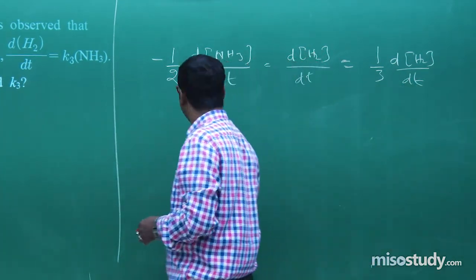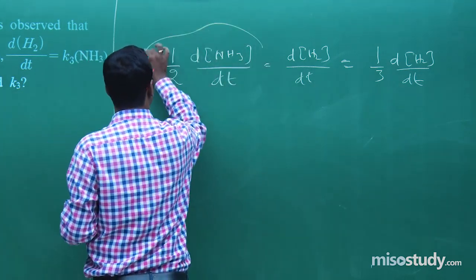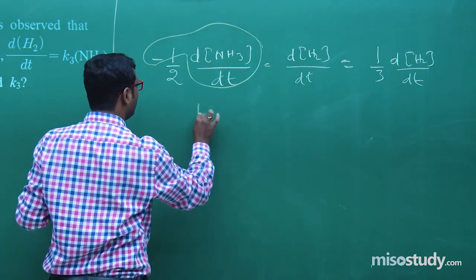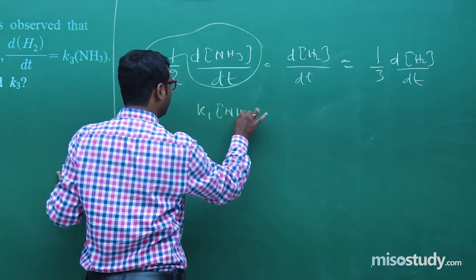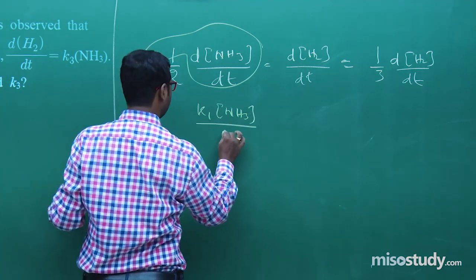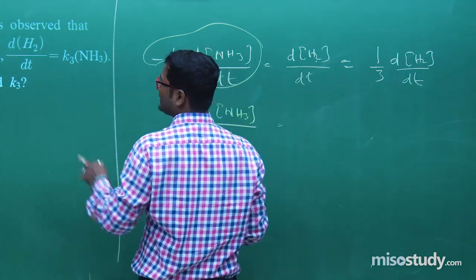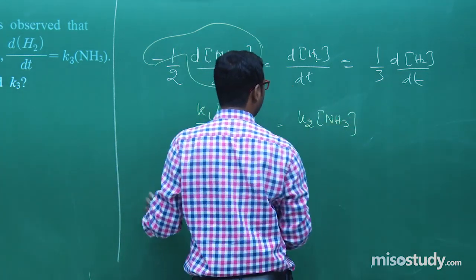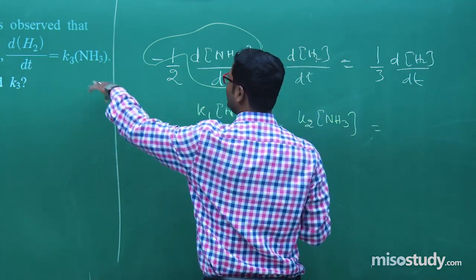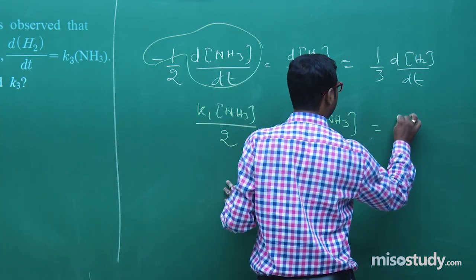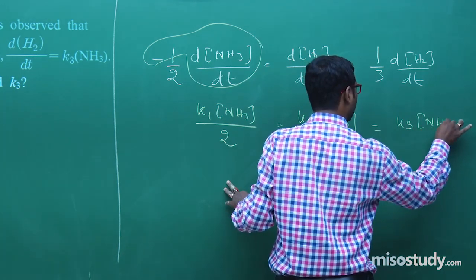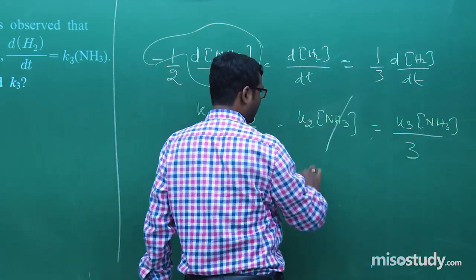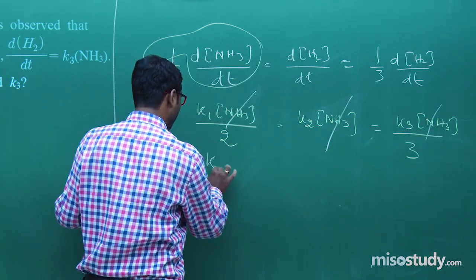Now, for minus dNH3 upon dt, K1 is given here. Put the value K1 NH3 upon 2. For this one, put K2 NH3. Now for dH2, it is K3 NH3 upon 3. Now this one and this one will cancel each other. What is the expression?